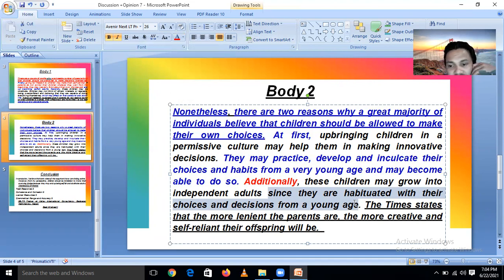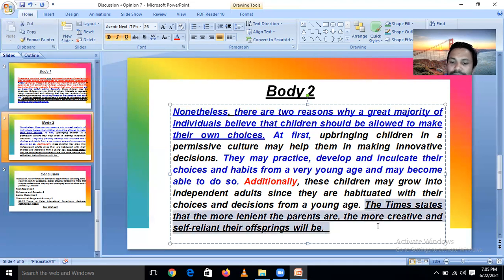The Times states that the more lenient, meaning permissive, the parents are, the more creative and self-reliant their offsprings will be.